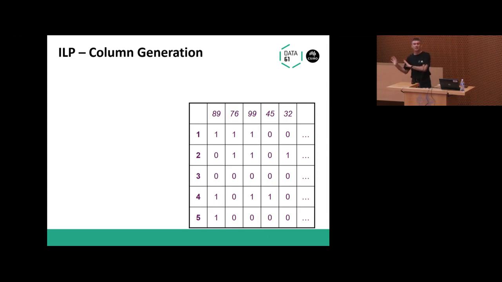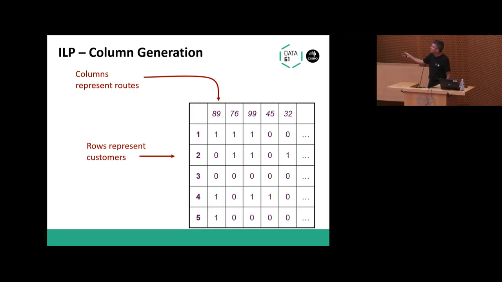Here's a completely different way of modelling it using ILP. In this method, I've got a column here, and each row represents a customer, and each column represents a potential route. So this is a route that visits customer 1, customer 4, and customer 5. Now, I'm not saying exactly which order that is.